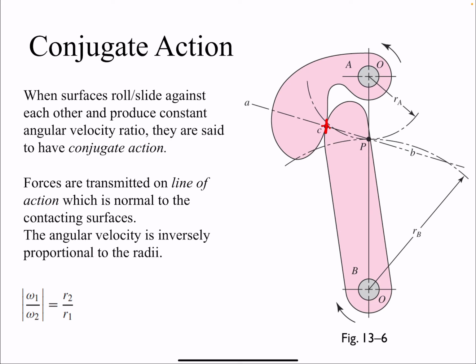When we have rolling, that means the velocity would be the same. There is no slipping, and therefore the angular velocity would be inversely proportional to the radii. And in gearing, we can assume conjugate action, and that's a good assumption with minimal error for most cases.